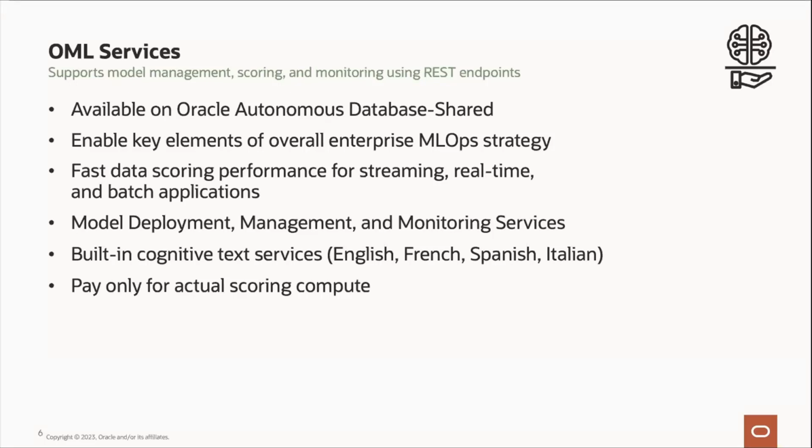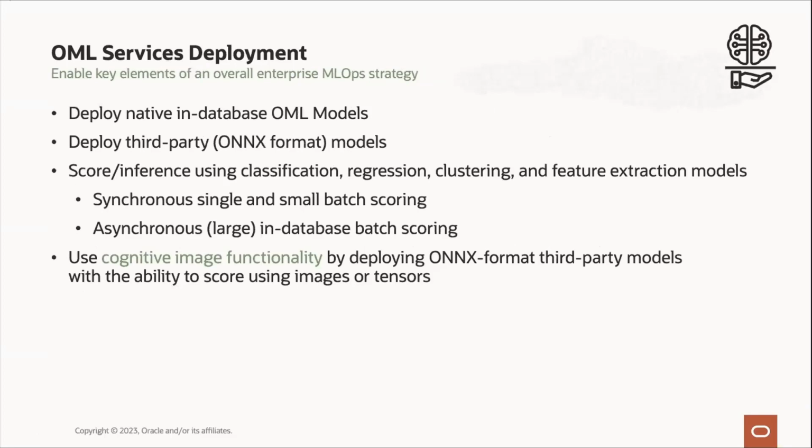So let's dive into some different aspects of OML Services. First, with model deployment on OML Services. You can deploy your native in-database Oracle Machine Learning models, but on top of that, you can also deploy third-party models that are stored in an ONNX format. And these models can be of a classification, regression, clustering, or feature extraction type to be deployed on OML Services.